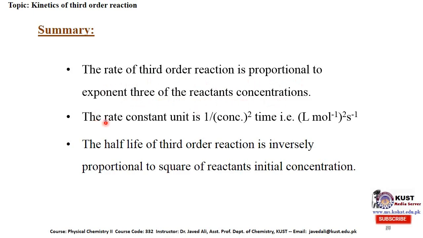The rate constant unit is 1 over concentration square and time, so it can be represented in liter square per mole square per second if we represent the concentration in moles per liter. The half-life of third order reaction is inversely proportional to the square of reactant's initial concentration.